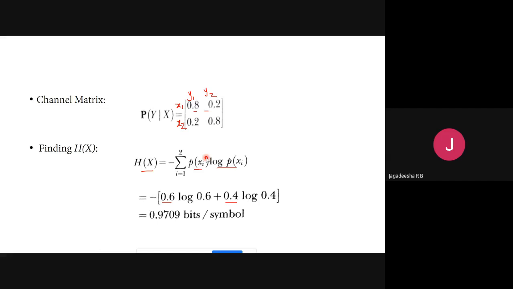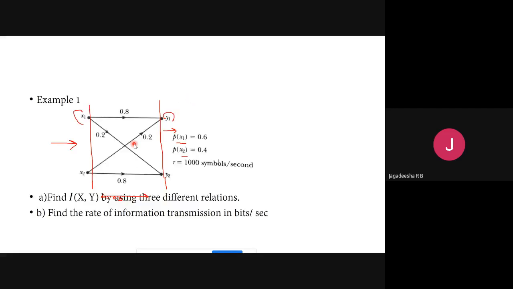And what is this? This is the channel matrix. In the previous step, we have found the channel matrix, right? If you want, I can go back and show it. So this is the channel matrix, P(Y|X), and the other thing is P(X), the probability of the input.